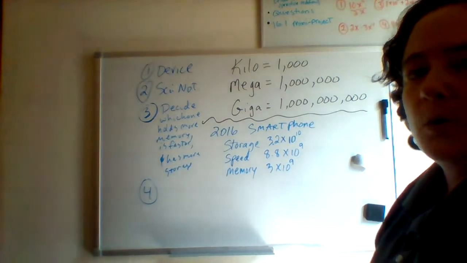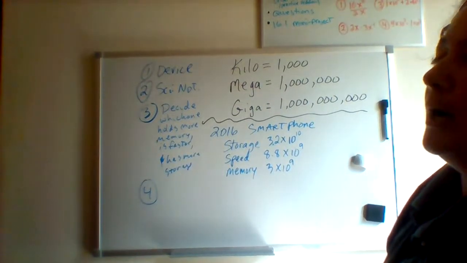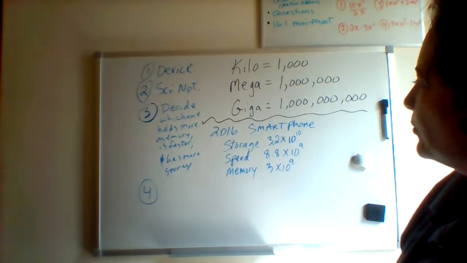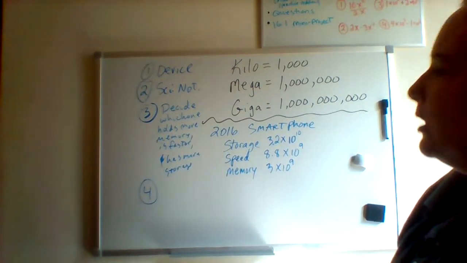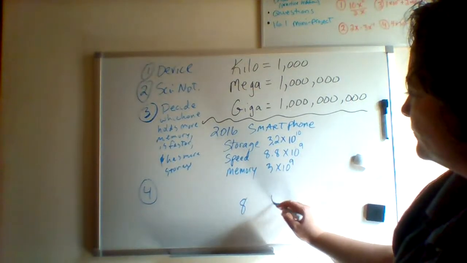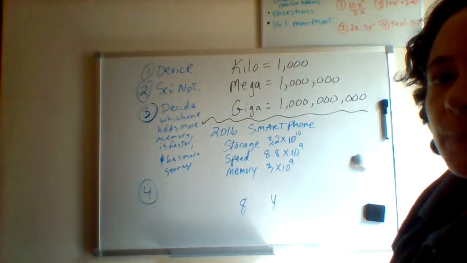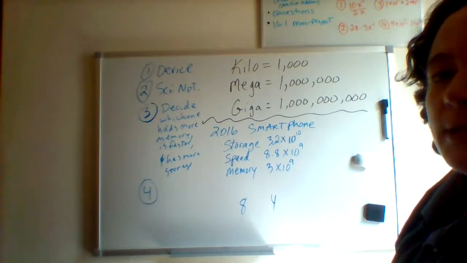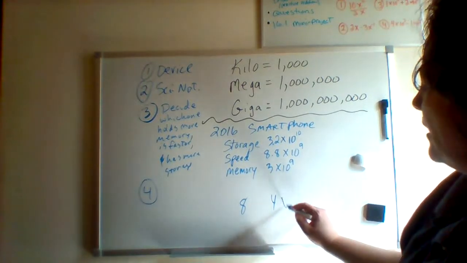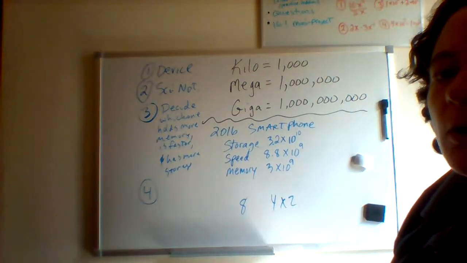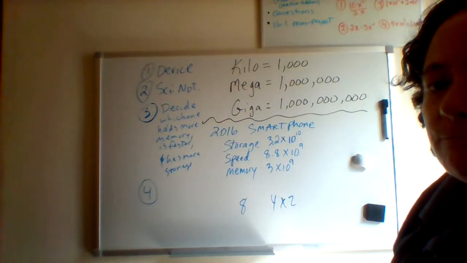Now, I'm going to go back to a question that I asked you a while ago. It might have been yesterday or the day before that. If I want to know how many times 4 is 8, what would you tell me? You would tell me, oh, it's times 2. Well, how can you figure that out?